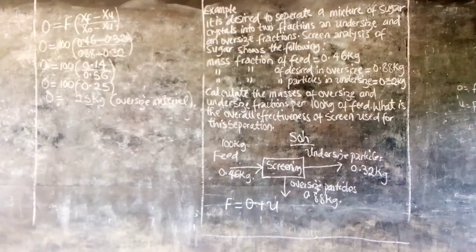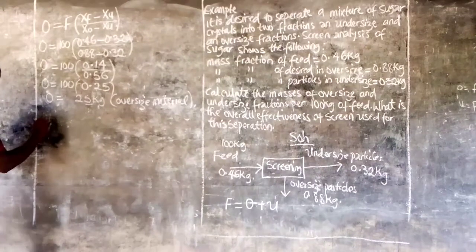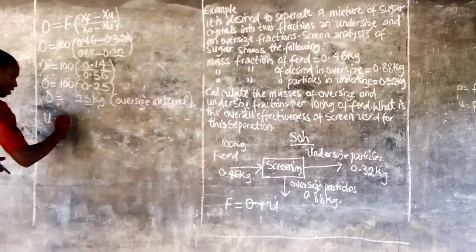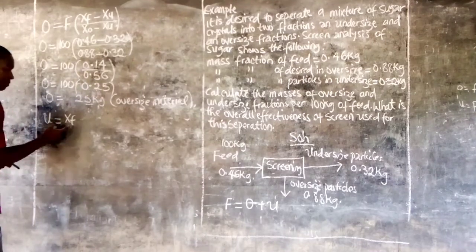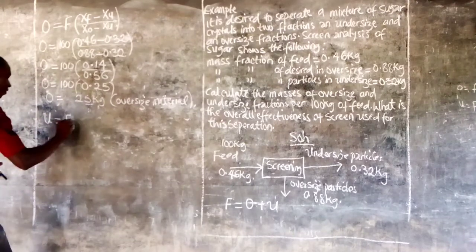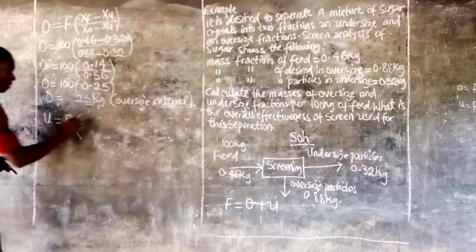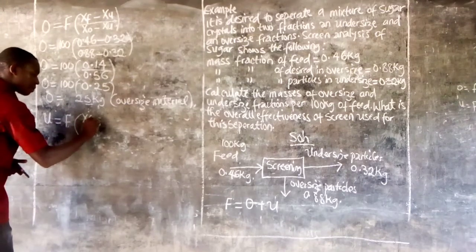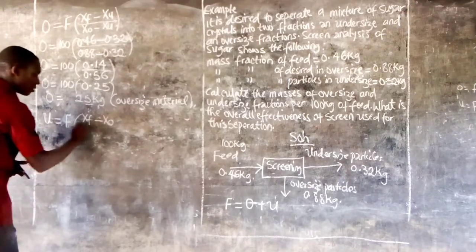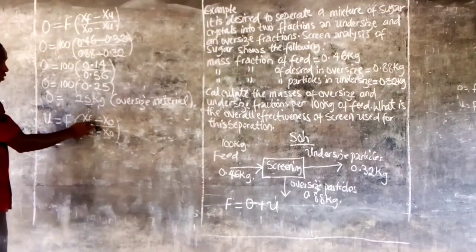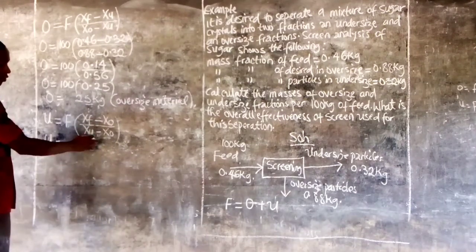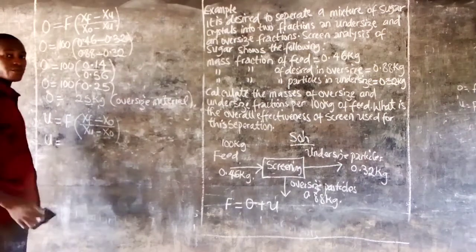Then for undersized material, we have the formula, that is U is equal to F bracket, that is multiplied by the mass fraction of F minus the mass fraction of oversized material, all over the mass fraction of undersized minus the mass fraction of oversized.